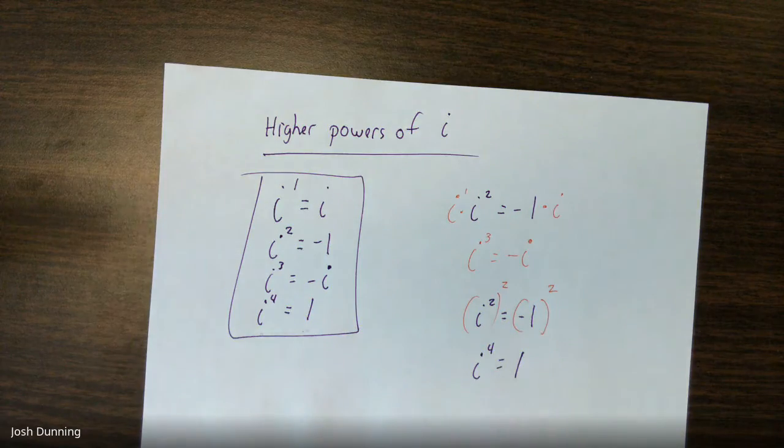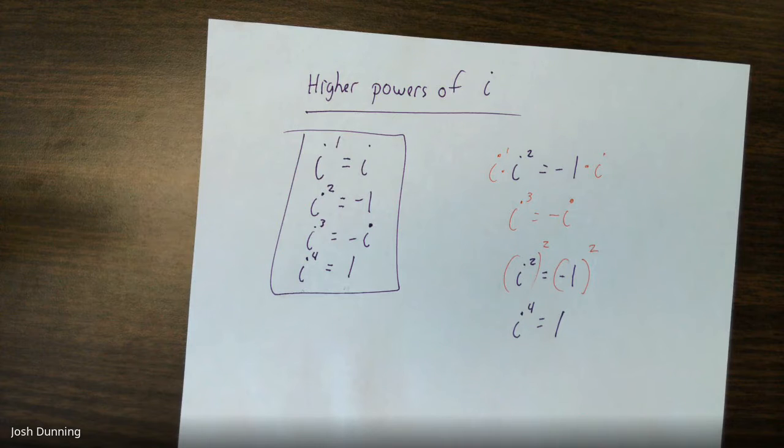So what's left over after we take out factors of 4, multiples of 4, that's a remainder.